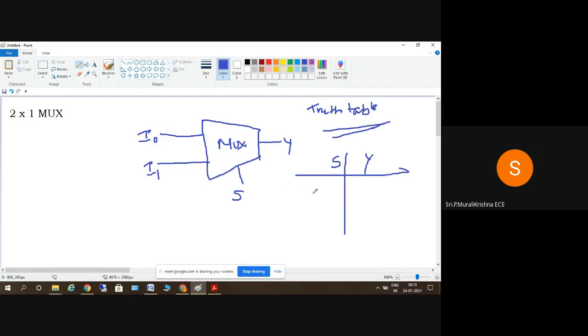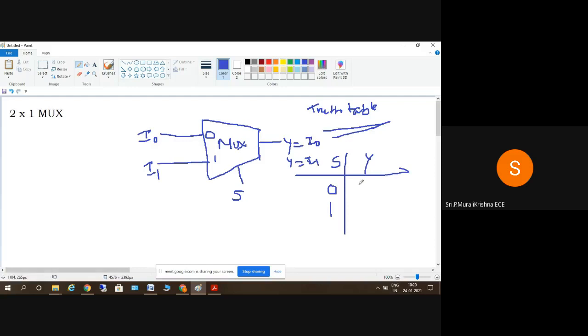With one selection line there are two possibilities: selection line 0 or 1. If the selection line is equal to 0, the value of Y is equal to I0. If the selection line is equal to 1, the value of Y is equal to I1.